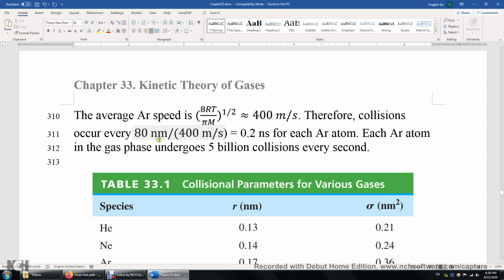And by doing this division, we get 0.2 nanoseconds. Right? So it takes only 0.2 nanoseconds for that argon atom to travel the average distance between two successive collisions. So it's pretty fast. Every 0.2 nanoseconds there's a collision. So on average, each argon atom experiences 5 billion collisions every second.